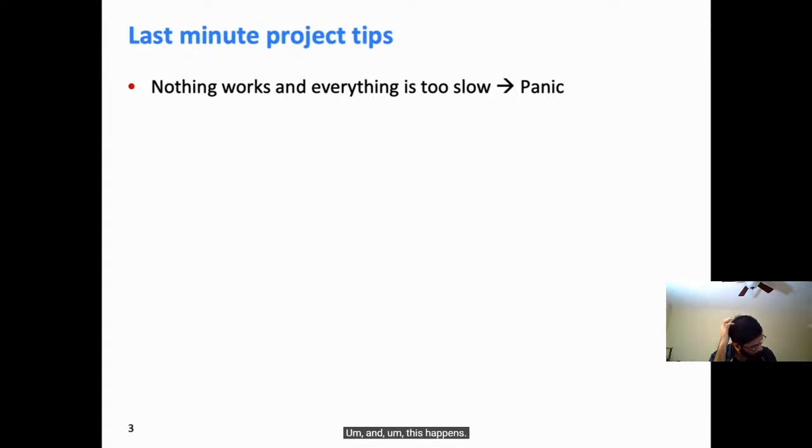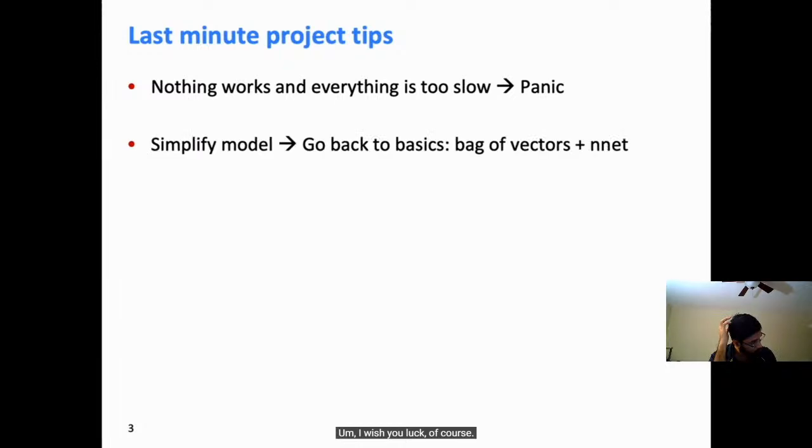This happens. I wish you luck, of course. What can you do about it? It can be really hard, when things don't work, to work out why they don't work and how to fix them. I think often the best thing to do is to go back to something simple that you can get working and work forward from there again.